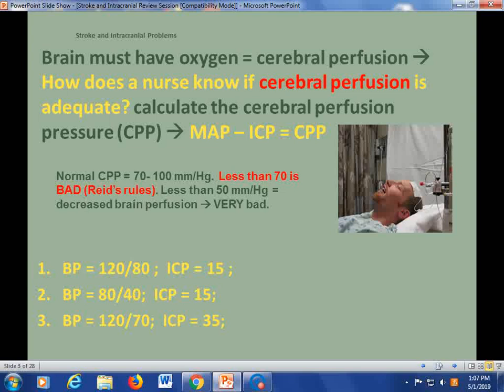Now, if you're a neuro queen or king and you know a lot about this topic, the books frequently list 60 to 100, but this is all about the test to a certain extent. And in Dr. Reed's rules, the CPP should not be less than 70, so it has to be 70 or greater. Now, there's various consequences that can occur when it's less than 70, but really for you, what you need to know is the minimum number that's acceptable for your patient is a CPP value of 70. So anything less than that is not good.